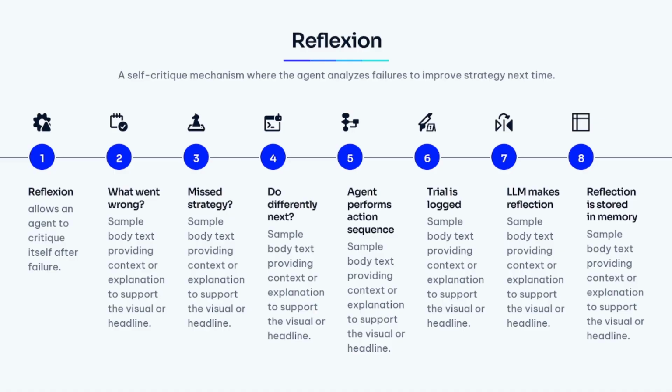Then reflection, a self-critic mechanism where the agent analyzes failure to improve strategy next time. So this is where the agent is able to act and improve itself automatically. Reflection allows an agent to critique itself after failure.